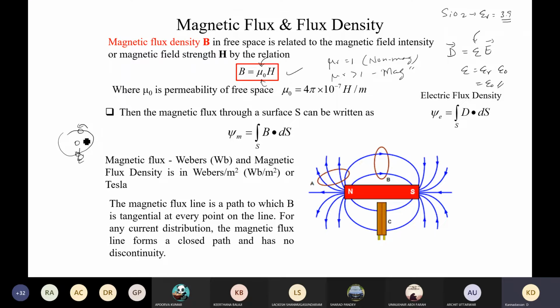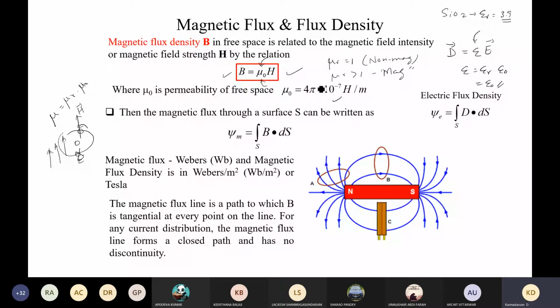Therefore, only one spin will be there, and this spin will exert the magnetic field. Similarly, multiple atoms will create a magnetic field in a particular direction. This description is defined with mu, which is nothing but mu r into mu naught. Here it is described for a vacuum case. The mu naught is the permeability of free space.